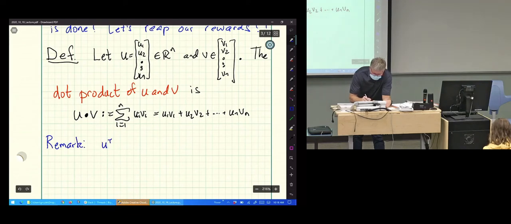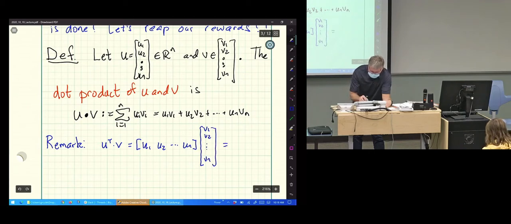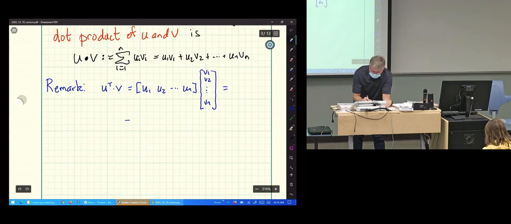So what happens if I do u transpose little dot times v? I transpose u, I make it a row vector. I don't transpose v. And then this multiplies this, and this multiplies this, and this multiplies this, and you just add them all up, right?